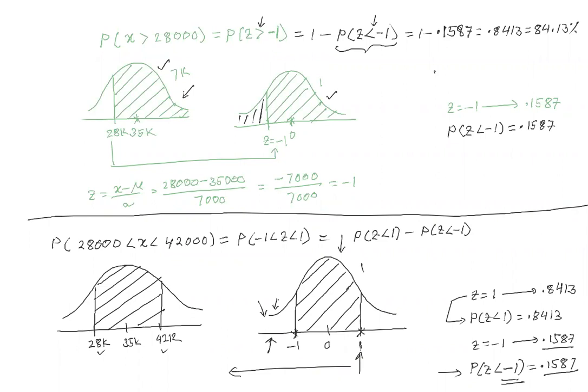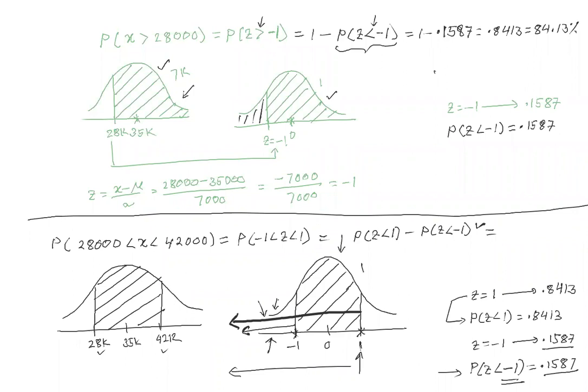The probability of z less than 1 gives you all the area to the left, minus the probability of z less than -1, which is all the area from here, the unshaded region. That gives you the shaded region in the middle.